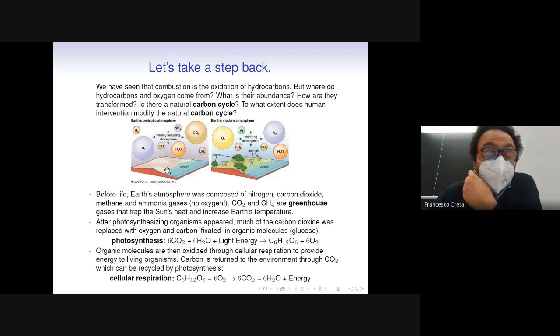So CO2 and CH4 in particular: CO2 is a reasonably strong greenhouse gas, but CH4 is a formidable greenhouse gas. And so you would expect to have a very hot Earth.